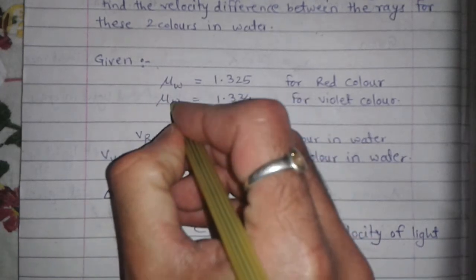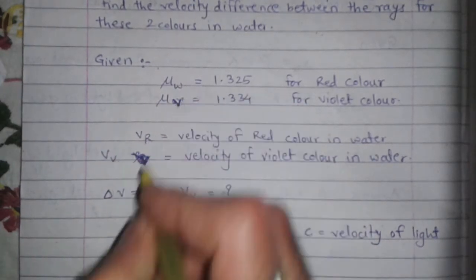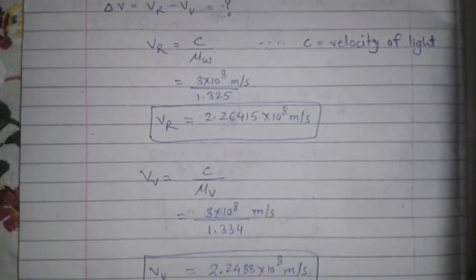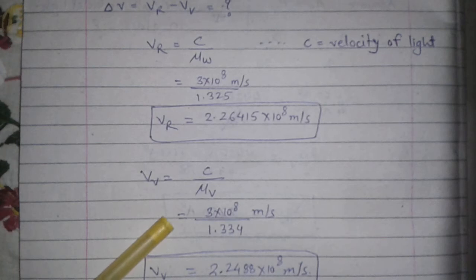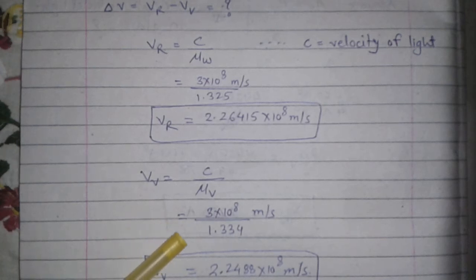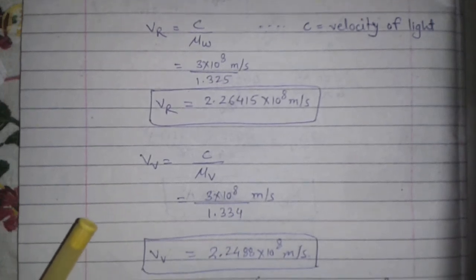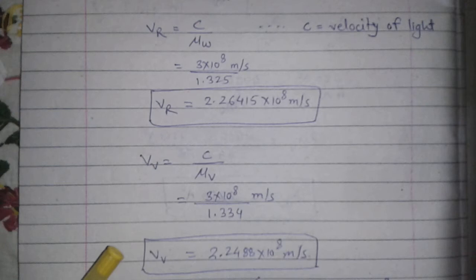Therefore, you can see that Vv is 3 into 10 raised to 8 meter per second divided by 1.334. So on dividing, we will find the velocity of violet color in water as 2.2488 into 10 raised to 8 meter per second.